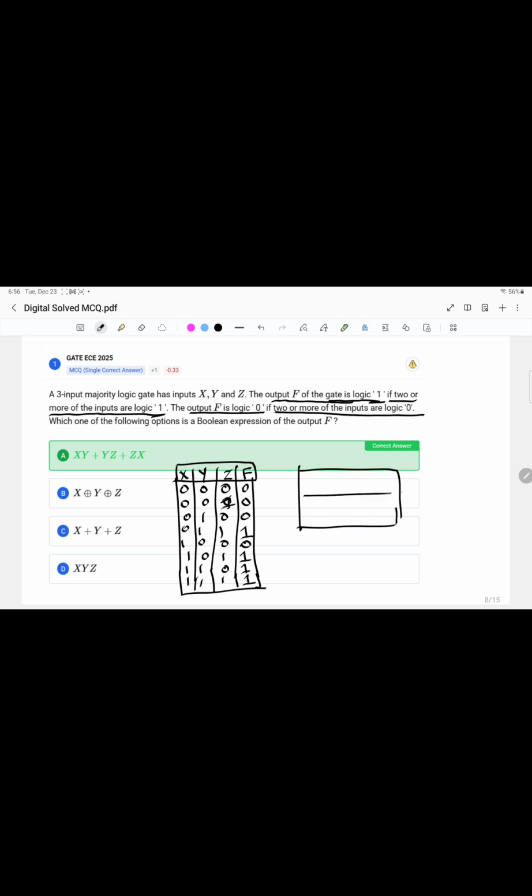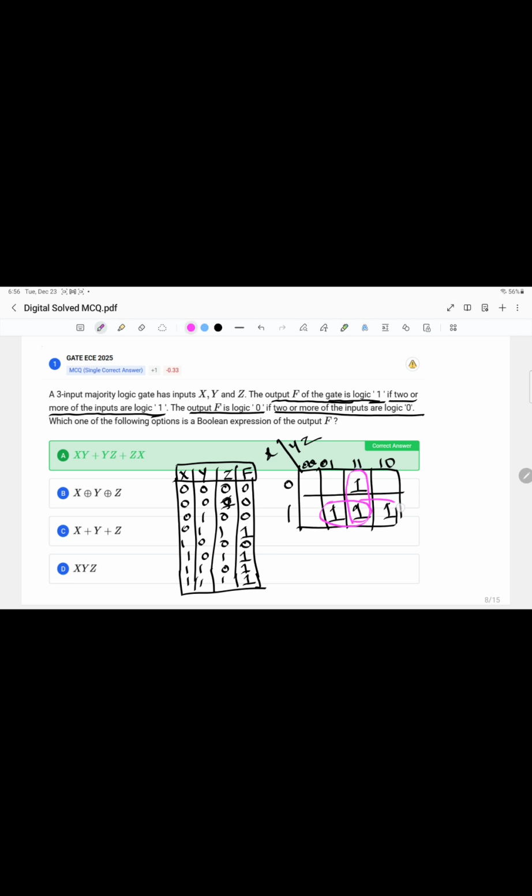So it is 3 variables, so I am drawing a 3 variable K-map for x, y and z. 0 0, 0 1, 1 1, 1 0 and 0 and 1. So the term for 0 1 1 is 1. Similarly 1 0 1 is 1, 1 1 0 and 1 1 1. So now we can go for grouping the terms.